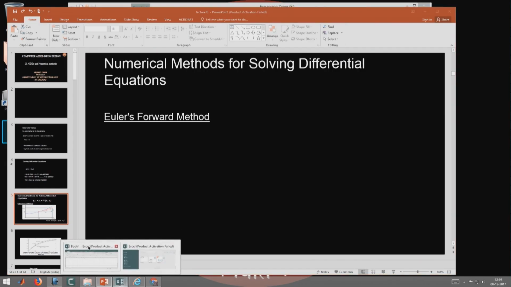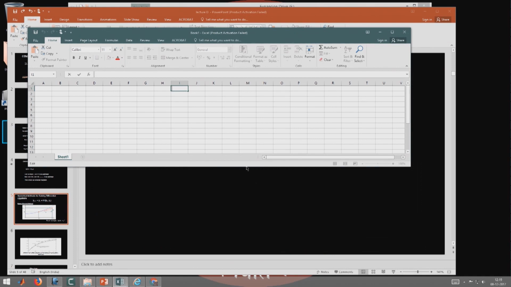If you want to solve an equation like this, dy by dx is equal to say y square, imagine this is x and this is y. We may put x as say 2, and the step length can be 0.01.